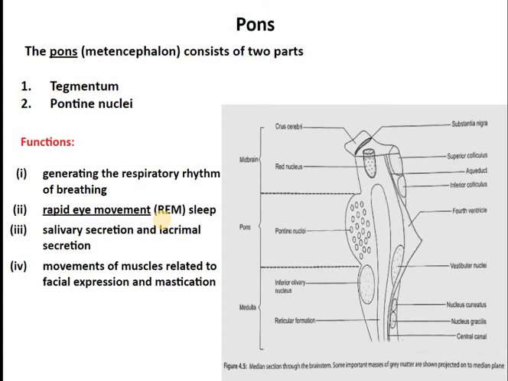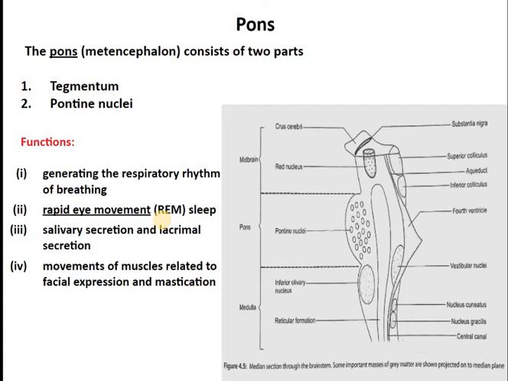Normally in daily life, the movements of the eyeball are under the control of the midbrain and pons. During sleep, the rapid eye movement occurs due to the activation of different regions of the pons.